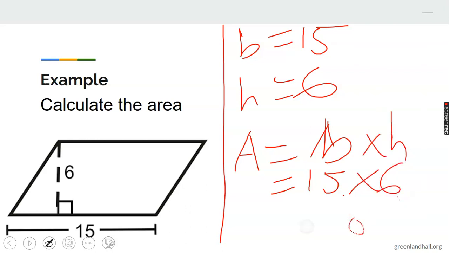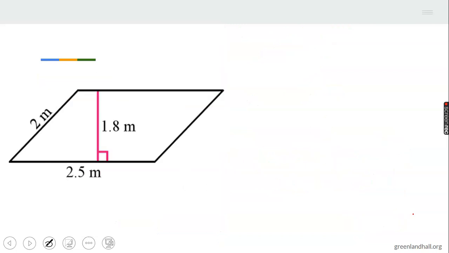You put 0 down, you carry 3. 6 times 1, 6, plus 3, that is 9. So that is 90. Let's say the unit is in meters. That is 90 meters square. That is how to calculate the area of a parallelogram.